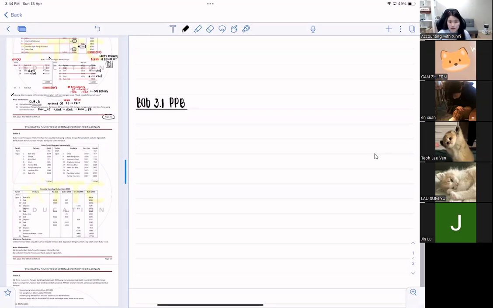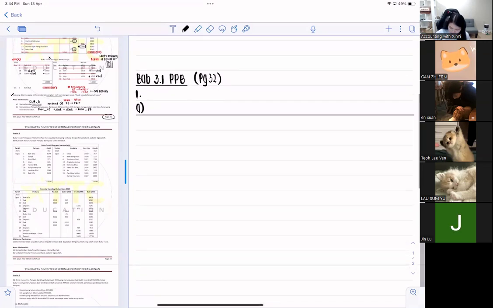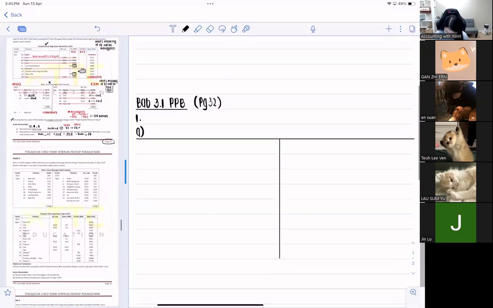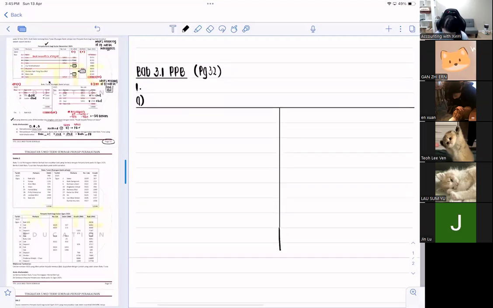3.1 penyata penyesuaian bank. We are now doing the question from page 32, and the first question, A. Now they ask us to menyelaraskan buku tunai. So you will be preparing buku tunai, which should roughly take about 2, 4, 6, 8. Enough or not? Let me see. Okay, should be about 10 to be safe. 10 rows of space.